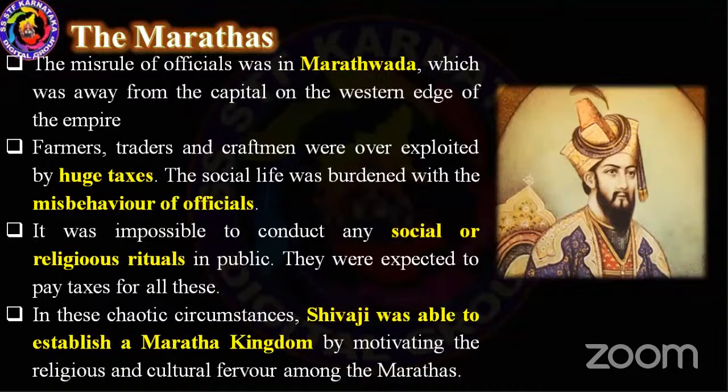The misrule of officials was in Marathawada, which was away from the capital, on the western edge of the empire. The officials did not pay attention, as I explained here. They did not show interest in implementing the orders of the rulers.